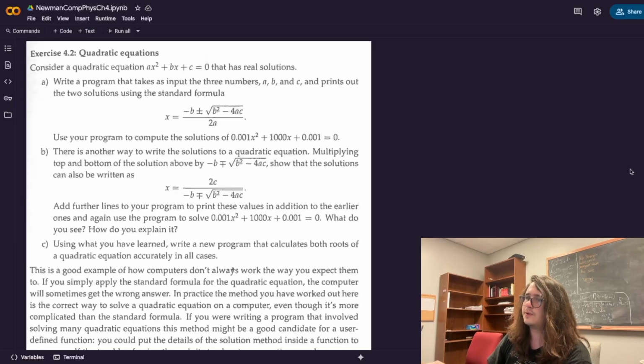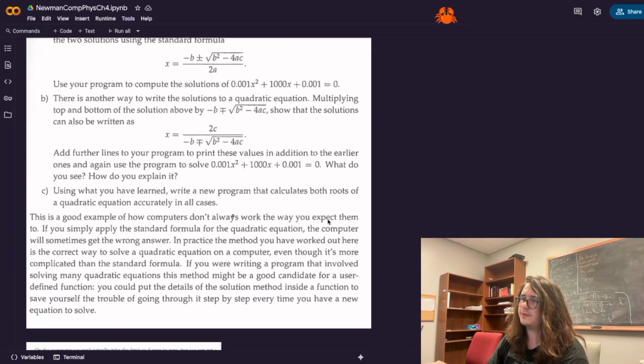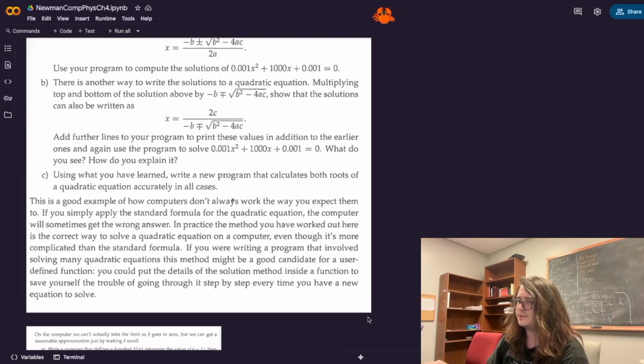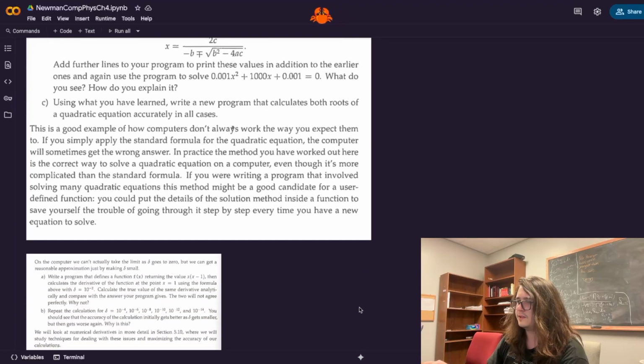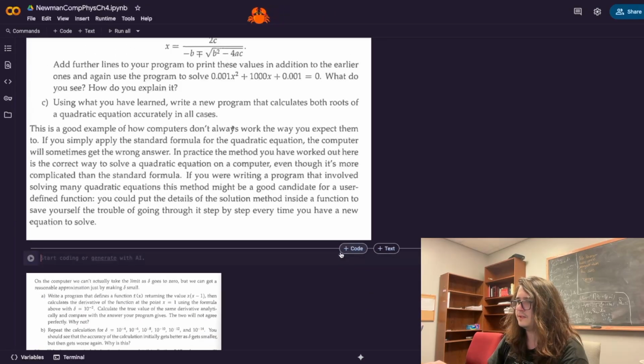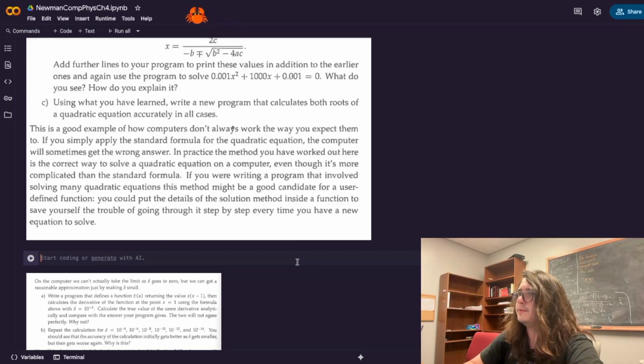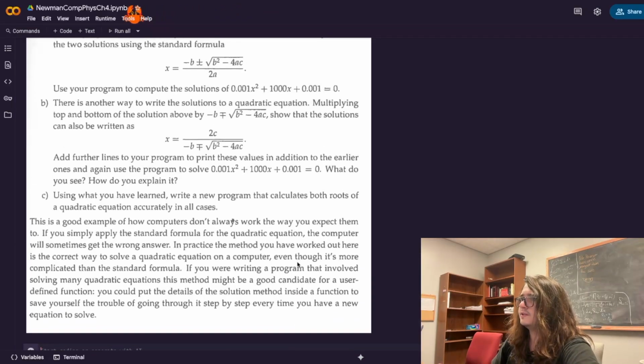The first part is to write a program that takes in three numbers A, B, and C and prints out the solution to the quadratic formula, right? So I'm going to put the code cell here in between this problem and the next one.